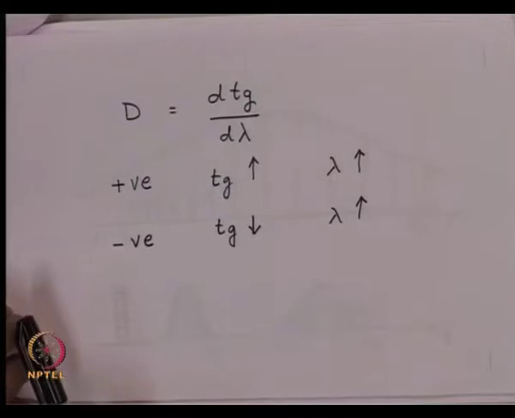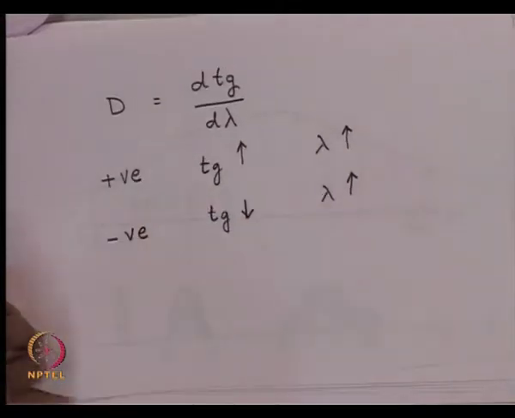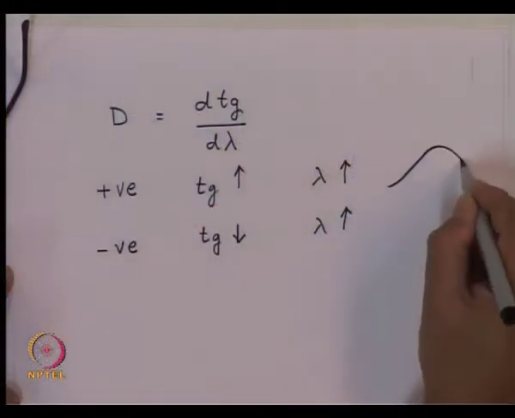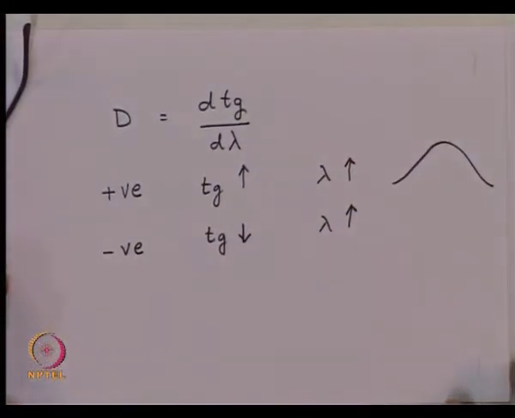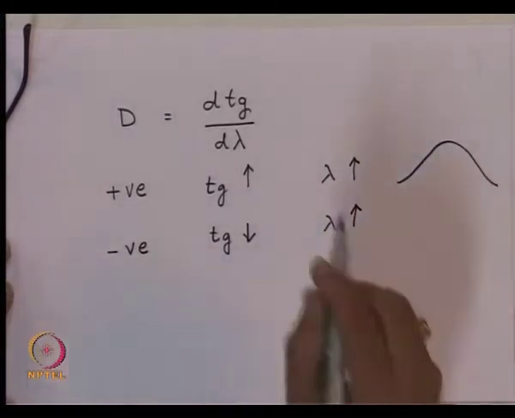So if I look at internally the pulse, if the dispersion is positive, then the longer wavelength would be left behind within the pulse and shorter wavelength would go ahead. So in this case, if I look at my pulse spectrum and ask internally what the frequencies are going to look like. So if this is my pulse which is transmitting, originally all the frequencies were together at every point in this pulse.